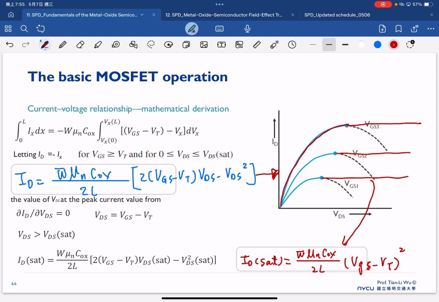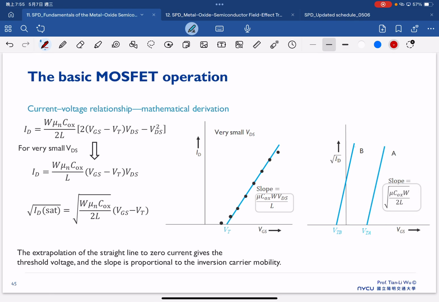So finally, physically, we understand what causes the linear region, what leads to the saturation region, and we also have this equation to support our understanding. So considering this equation for a case with a smaller VDS, we can reform the equation shown here, which in the end will be equal to this one. So that means if we plot ID versus VGS, then we have this slope.